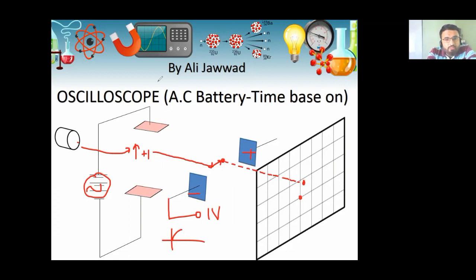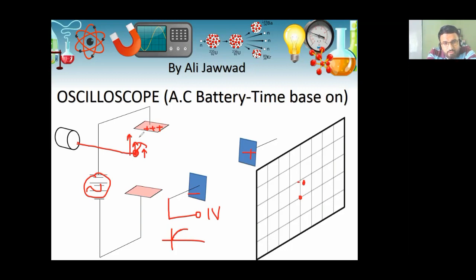Now let us talk about the third electron incoming. When the third electron is incoming, it will bend by more amount, because now again the AC supply has increased its voltage on the vertical plates, and that will cause the first electron to move by a little amount, while the second is higher and the third is even higher than that.